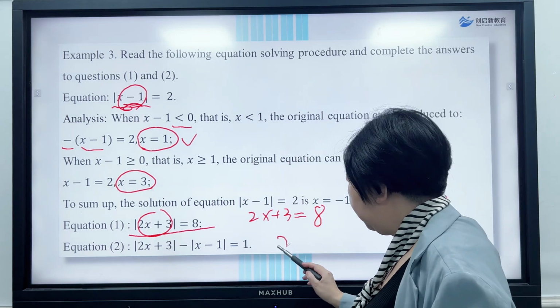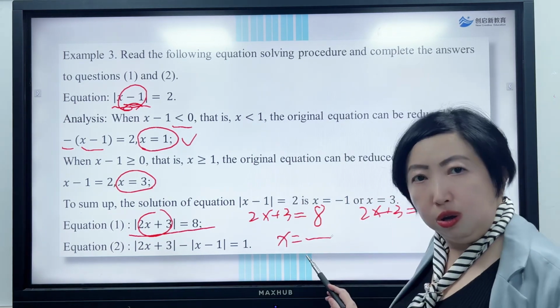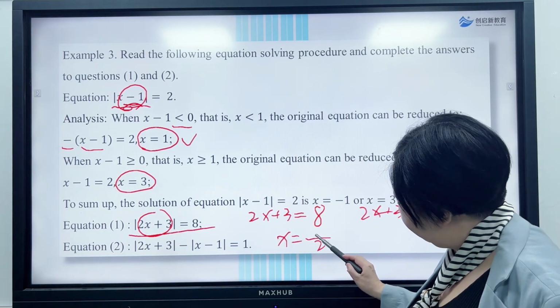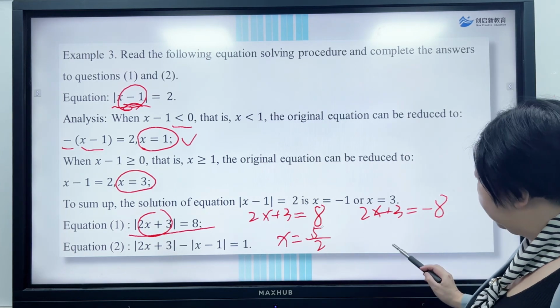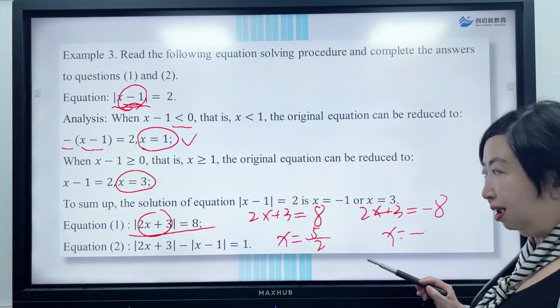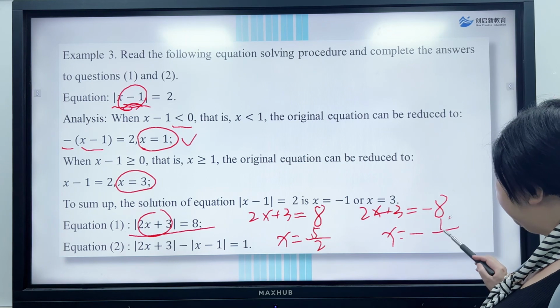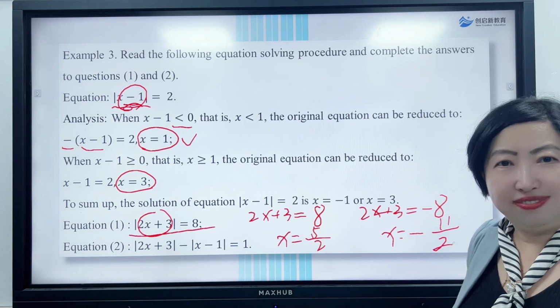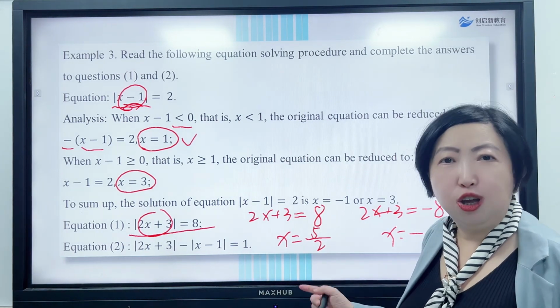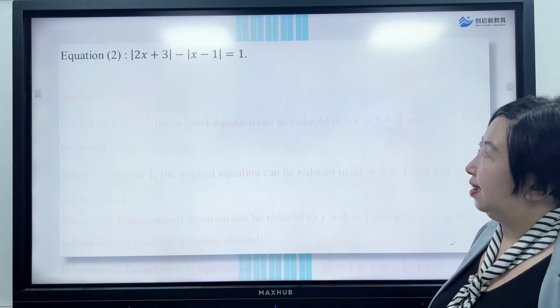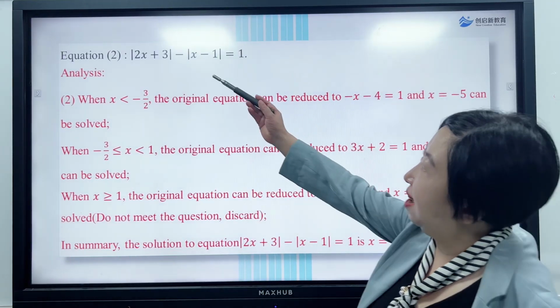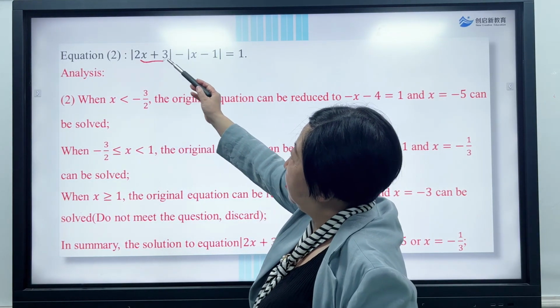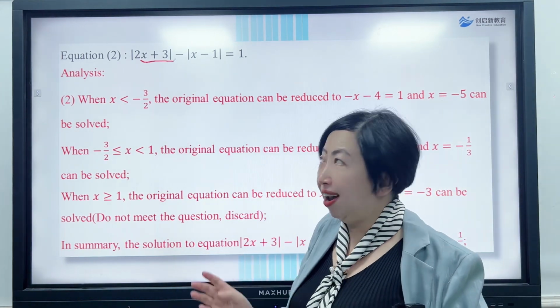So x can equal 5 over 2, or x equals negative 11 over 2. It has two values.